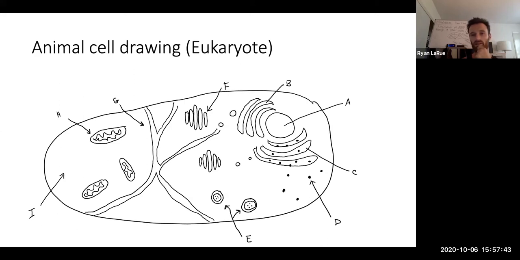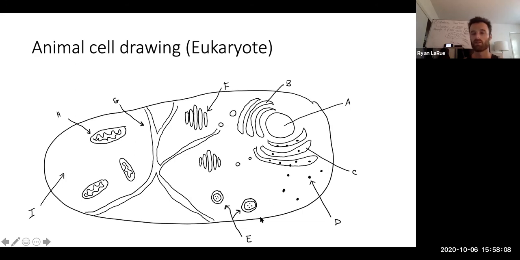It's the cytoplasm. Okay, and then the last one I think we haven't talked of was E. What's E? Yep, E are the lysosomes.